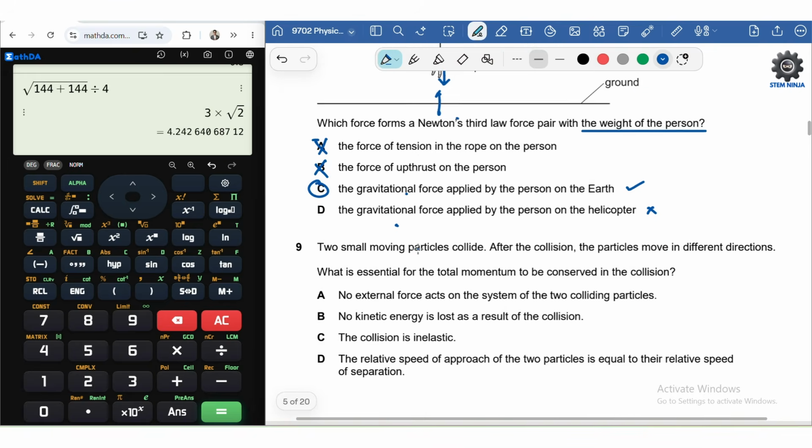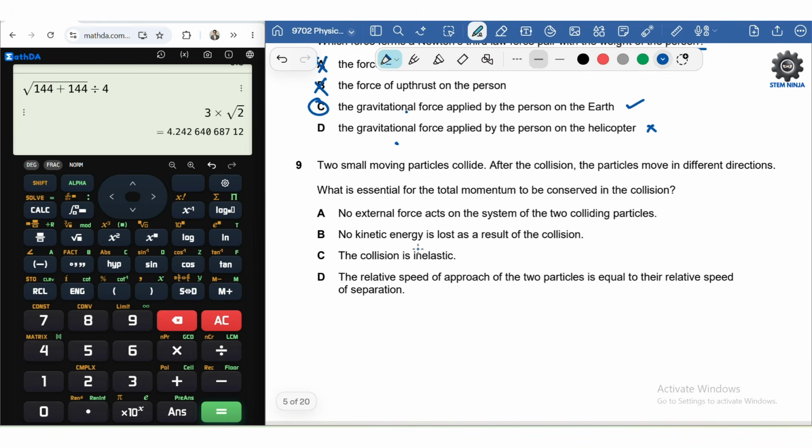Two small moving particles collide. After the collision, the particles move in different directions. What is essential for the total momentum to be conserved in a collision?